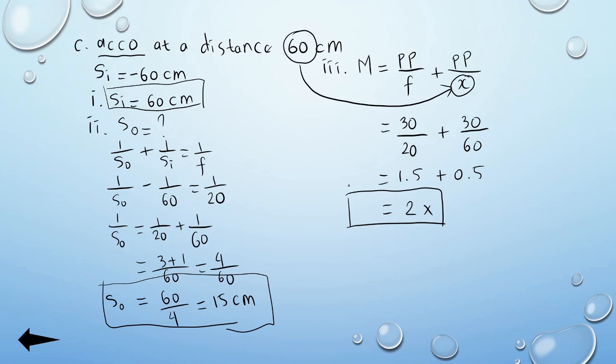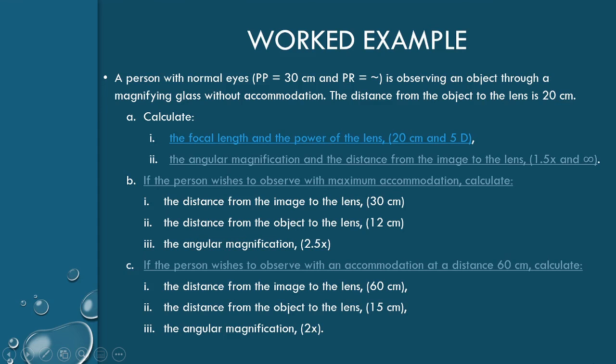Now, let's check our answers one by one with the answer key. The distance from the image to the lens is 60 centimeter, the same as the accommodation distance.